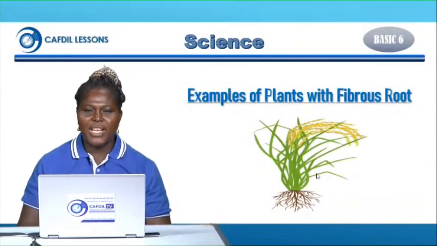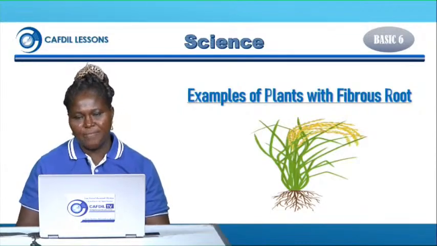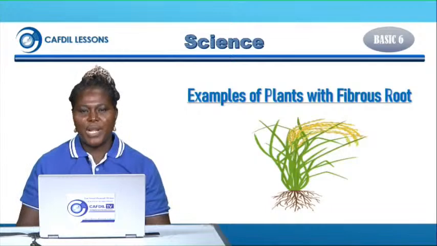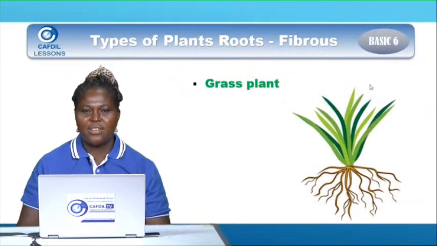Now we are coming to look at examples of plants with fibrous roots, as we can see on our screen. The first example we have on our screen is the grass plants.